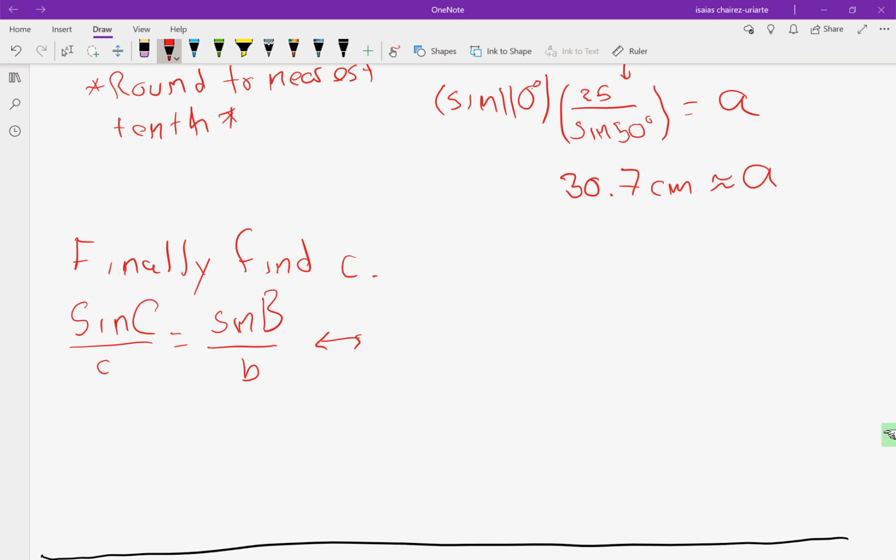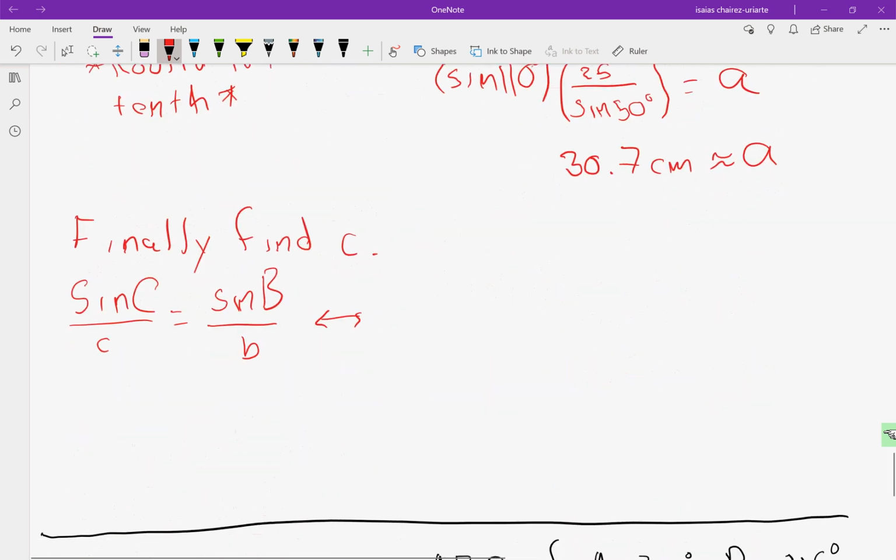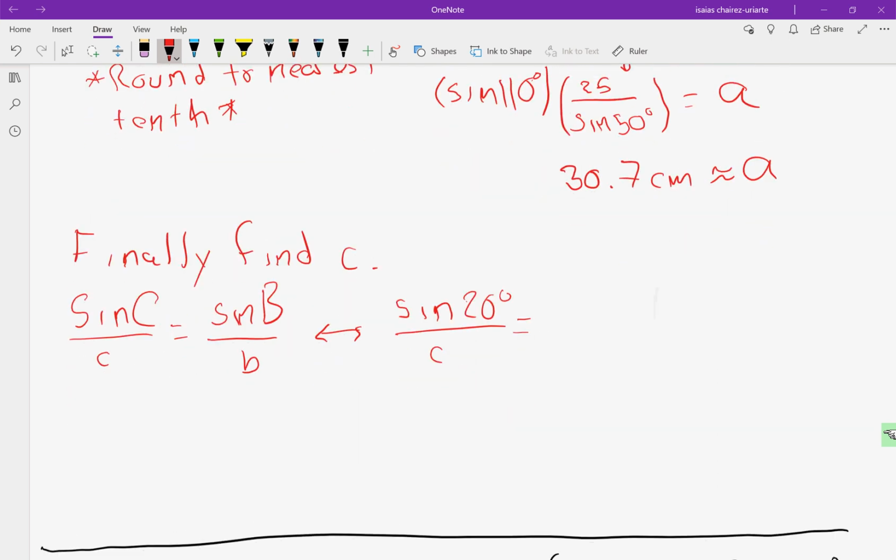All right, so angle C, we were told, was 20 degrees. So this is going to say sine of 20 degrees over side length C should be equal to sine of B, we said, was 50 degrees, so sine of 50 over 25.